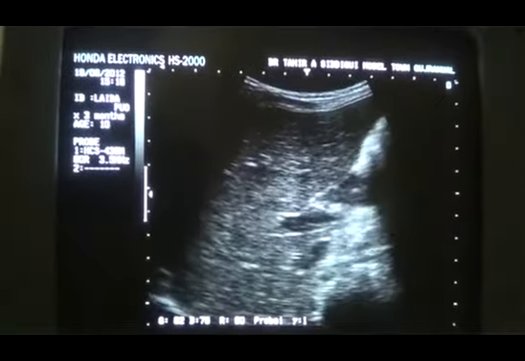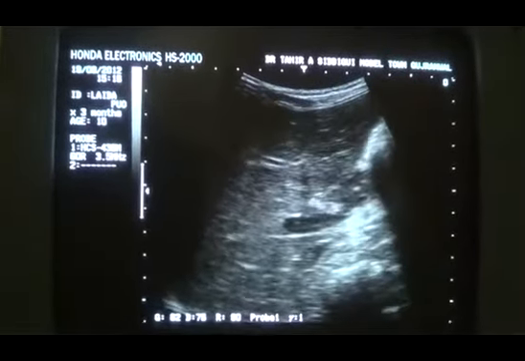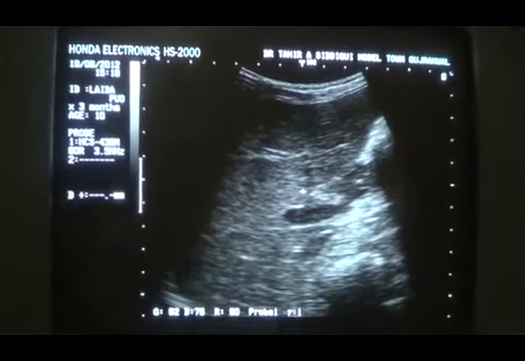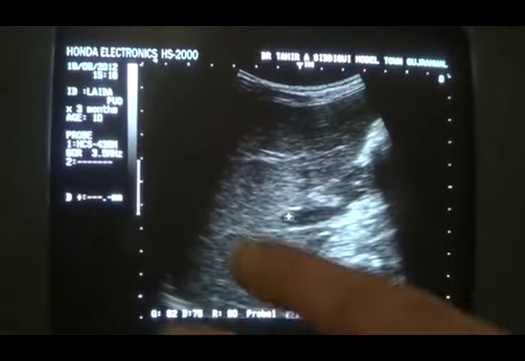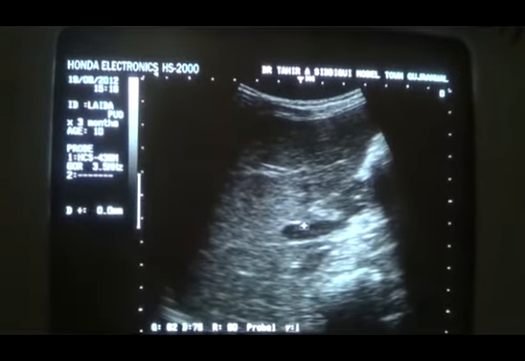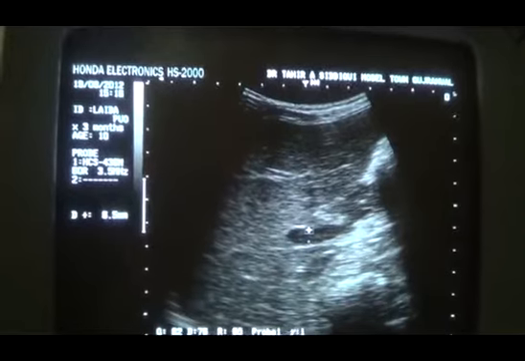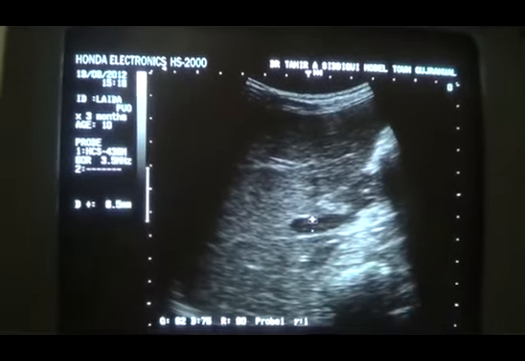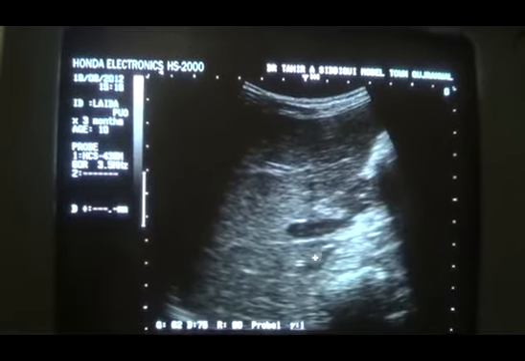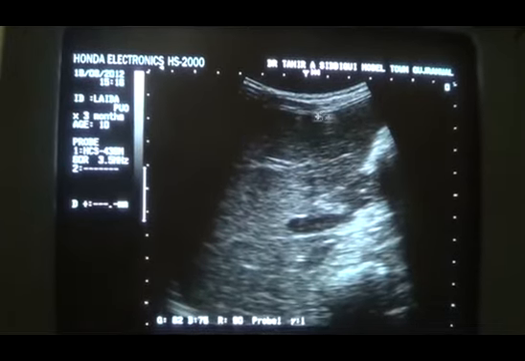I'm magnifying a bit. Now, this is the portal vein. It's of normal caliber, 6.5. This is the IVC. This is the liver.